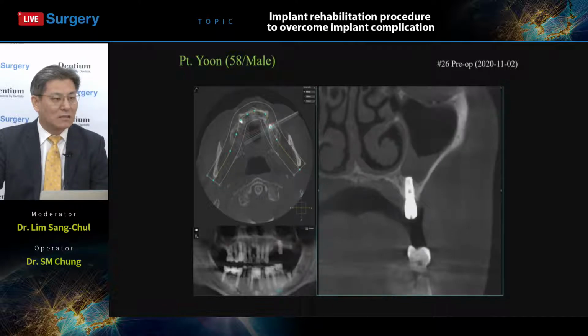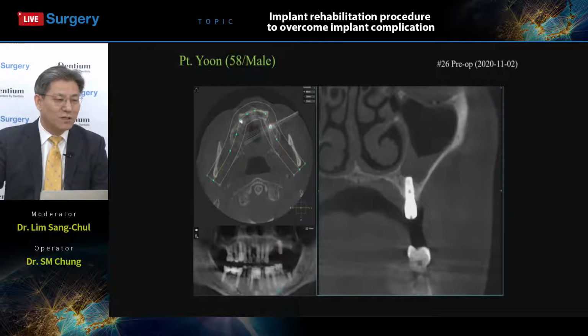Around number 26, the already installed implant area is very nice, but this one should be removed because of the total treatment plan. Sometimes already installed implant fixtures act as a barrier for a fully reconstructed implant-supported prosthesis. So sometimes they stay there, sometimes they should be removed.